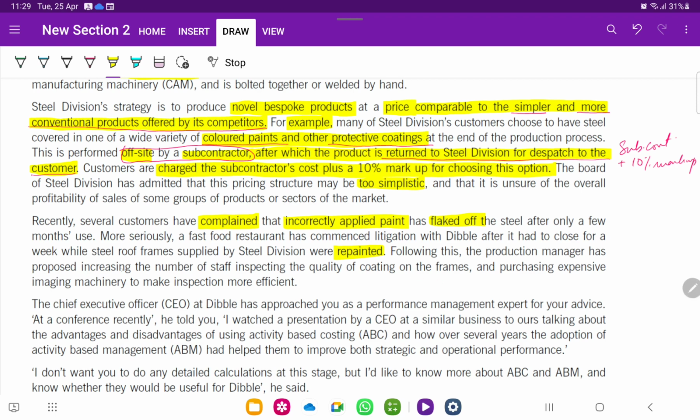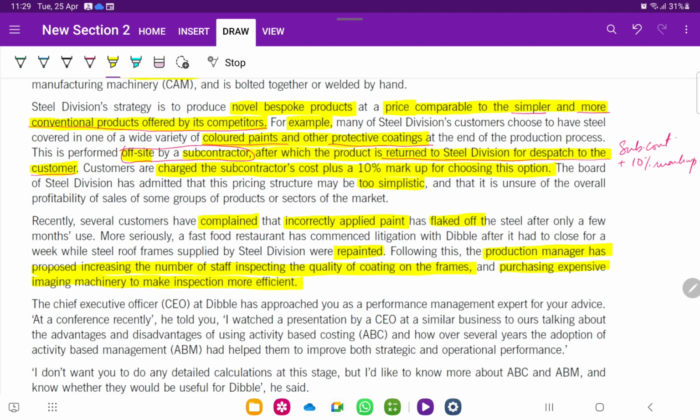Following this, the production manager has proposed increasing the number of staff inspecting the quality of coating on the frames and purchasing expensive imaging machinery to make inspection more efficient.